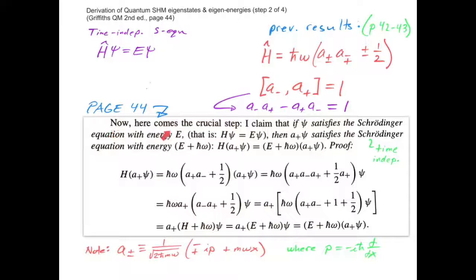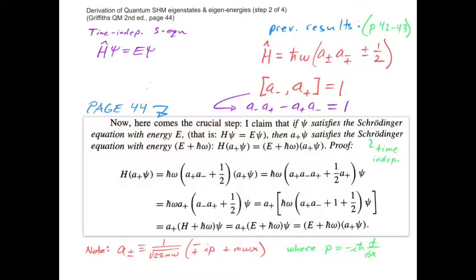All right, so going with all that, I'm going to follow Griffiths here. He says, now, here comes the crucial step, and this is indeed crucial. I claim that if little psi satisfies the time-independent Schrodinger equation with energy E, that is, if little psi is indeed a solution to this equation with corresponding eigenenergy E, then the state constructed by operating on little psi with A plus, which I'm just going to call A plus psi, satisfies the time-independent Schrodinger equation with energy E, this E that we had corresponding to this original psi, plus h bar omega.